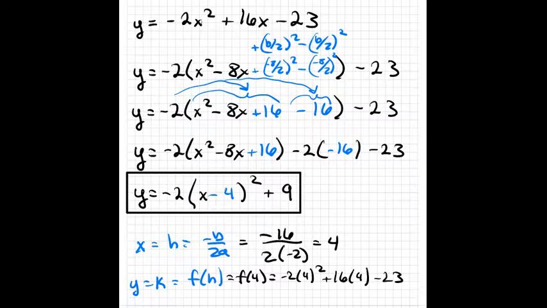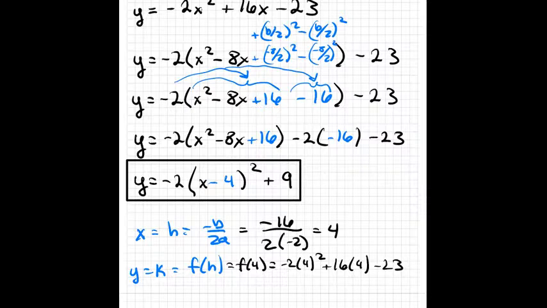16 times 2, that's going to be a negative 32. Let me write this out. It's going to be a negative 32. What's that going to be? 64? 40 plus 24? 64. So plus 64 minus 23. Okay, that's a 30, 34, 32, 7, and 2 is 9.